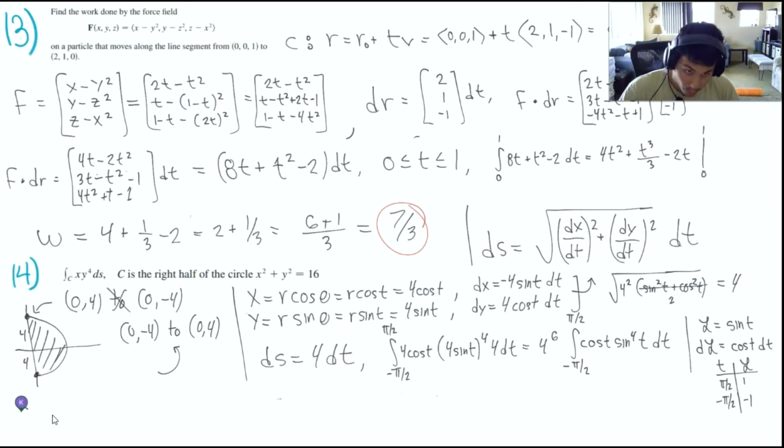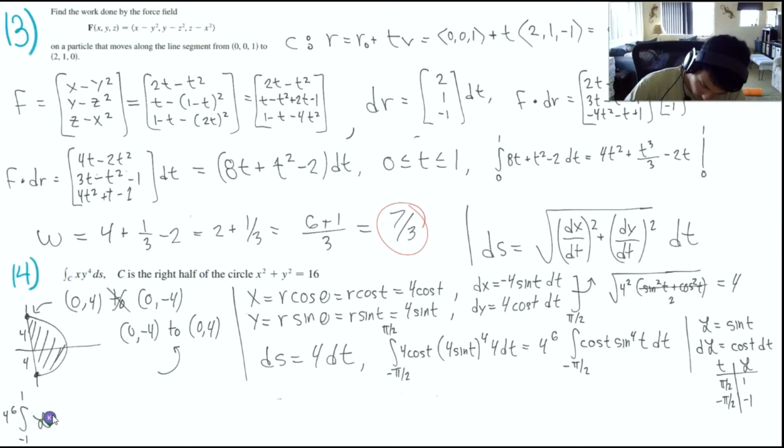We have 1 to negative 1, 4 to the power 6, in front of all that, cosine t. Erase it real quick.